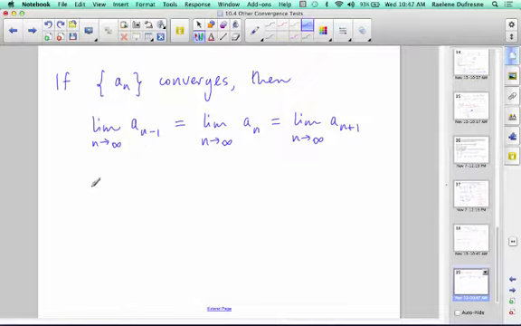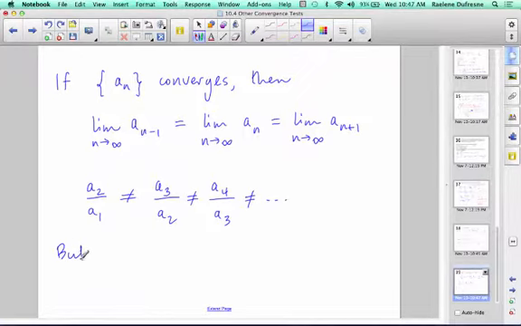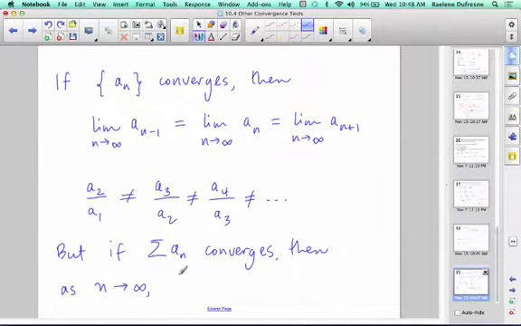And we may say that a2 over a1 is a certain ratio, but it may not in general equal a3 over a2, which may not in general be a4 over a3, etc. But if a series an converges, then as n approaches infinity, an plus 1 over an does equal an over an minus 1, because we're getting the same end behavior eventually.